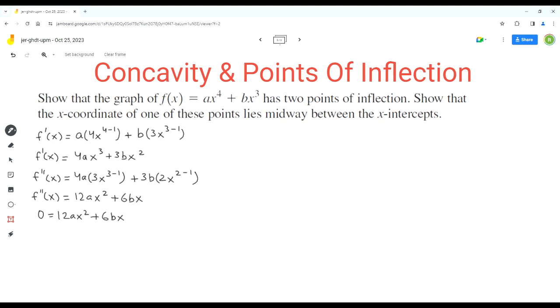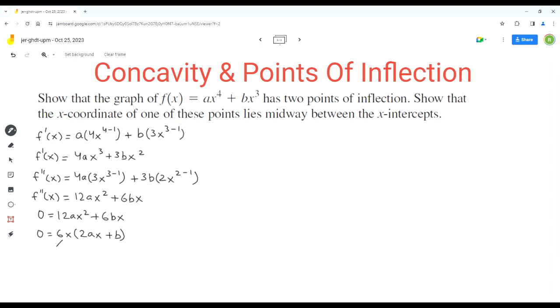So we have to solve this equation. The first thing we can do is common factoring. So we can factor out 6x from both terms. So now we get two cases.